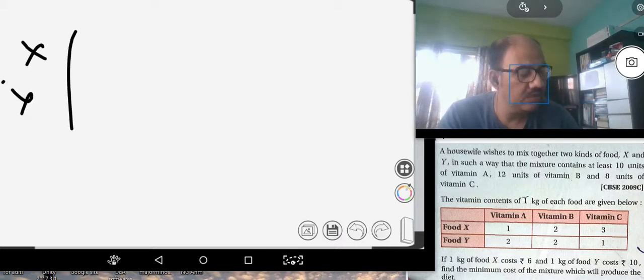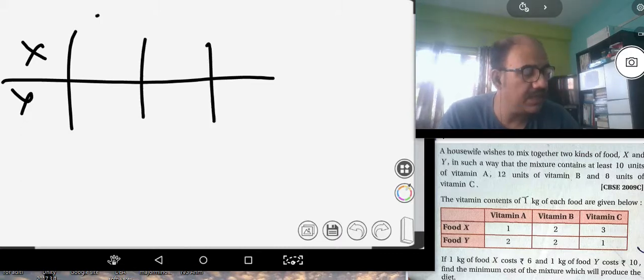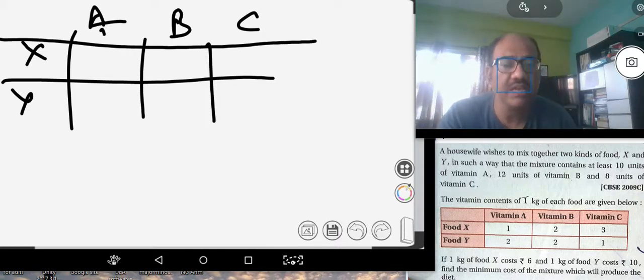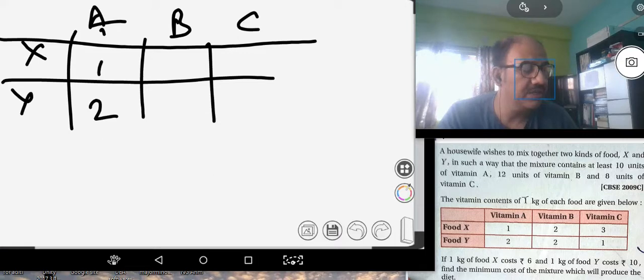A housewife wishes to mix together two kinds of food X and Y in such a way that the mixture contains at least 10 units of vitamin A, 12 units of vitamin B and 8 units of vitamin C. X and Y will be produced by mixing A, B and C. The amount of vitamin A in X is 1, and in Y it is 2.